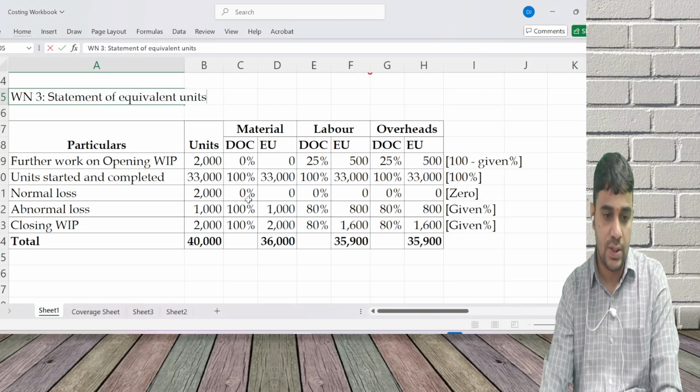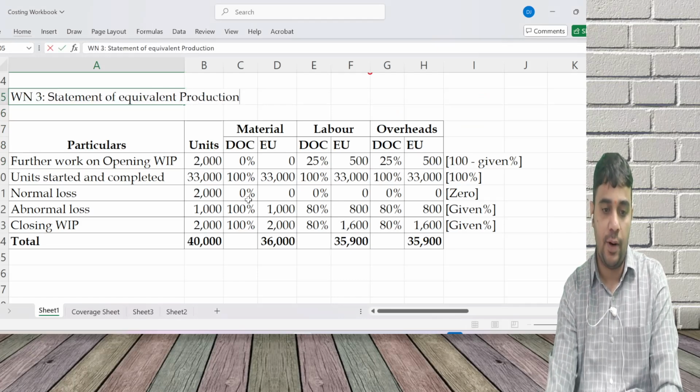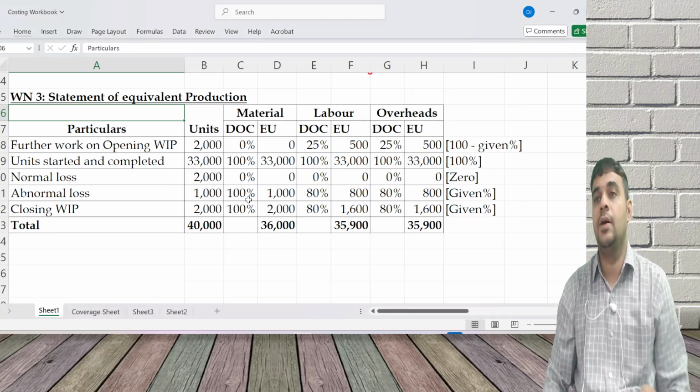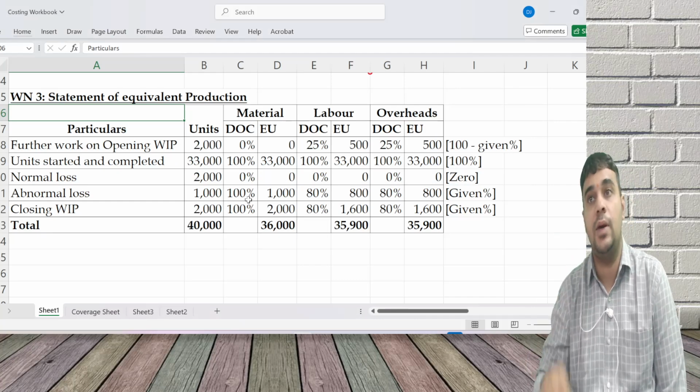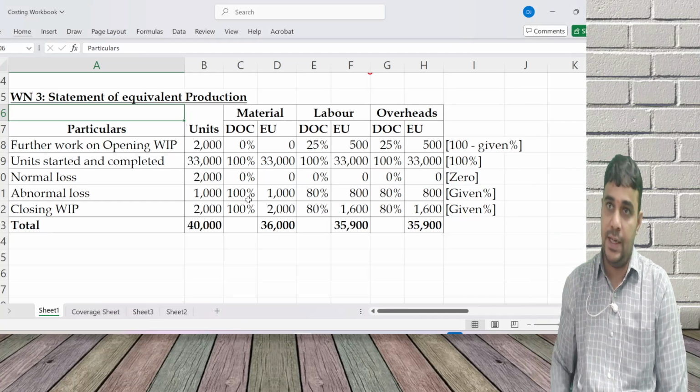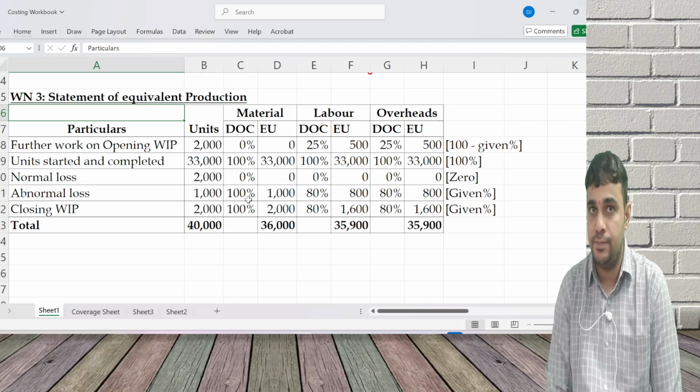As per the question, this is statement of equivalent production. Sorry, we'll use the name given in the question; otherwise we normally call it statement of equivalent units. This is the first requirement of the question.